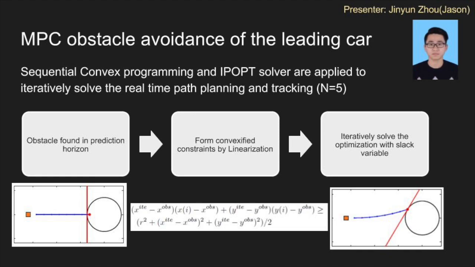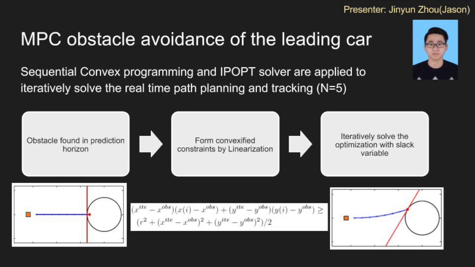In the beginning, the obstacle is not found, so the obstacle constraint is not considered in the optimization. When the obstacle is found in the prediction horizon, since the obstacle constraint is non-convex, we form a convexified constraint by linearization.